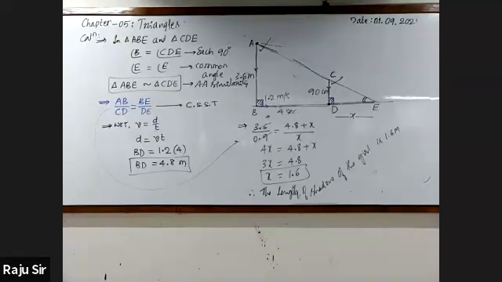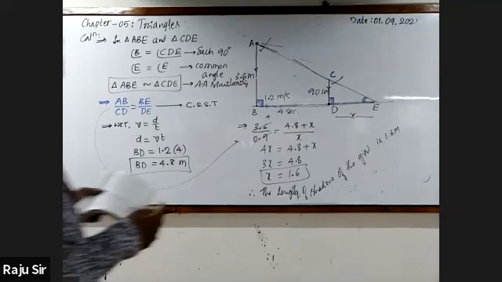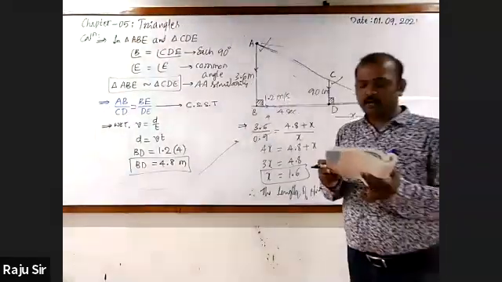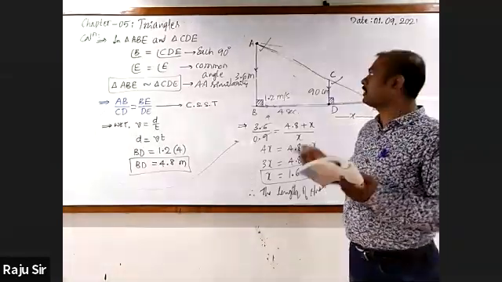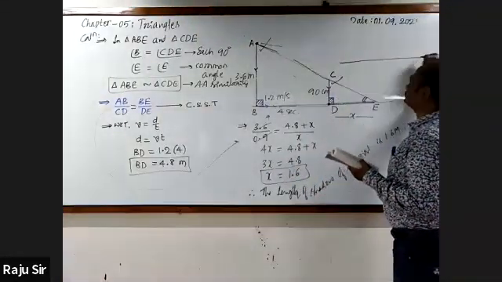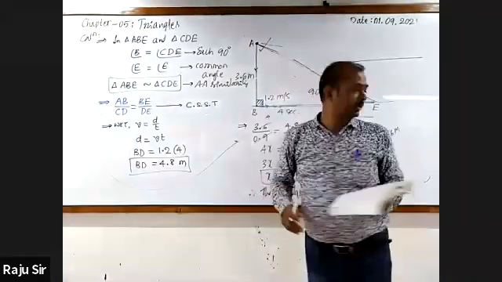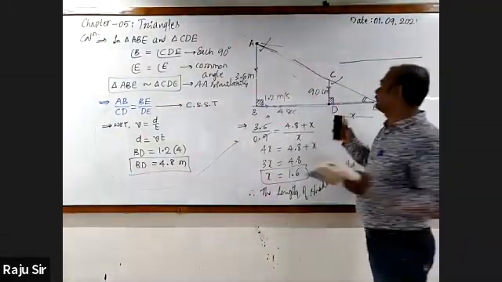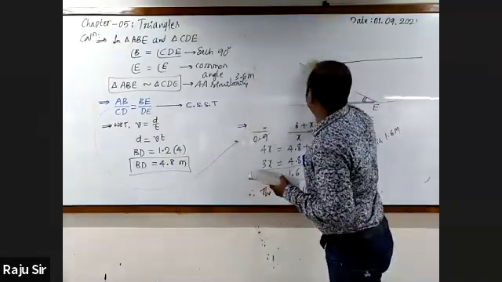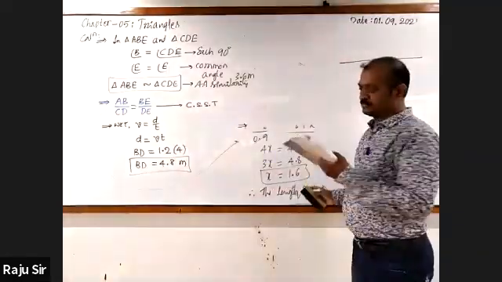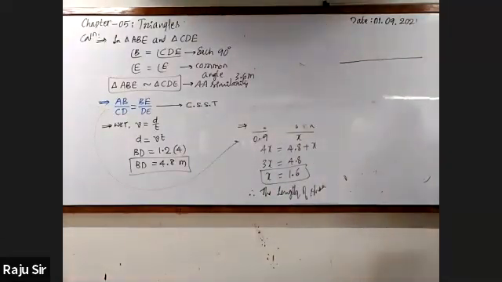A vertical pole of length 6 meter casts a shadow 4 meter long on the ground.